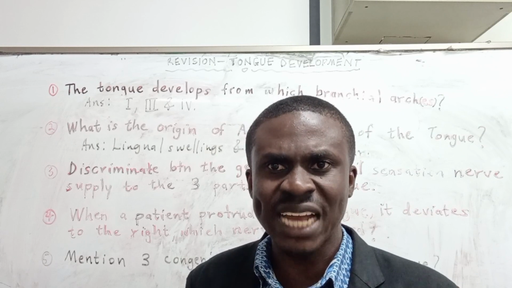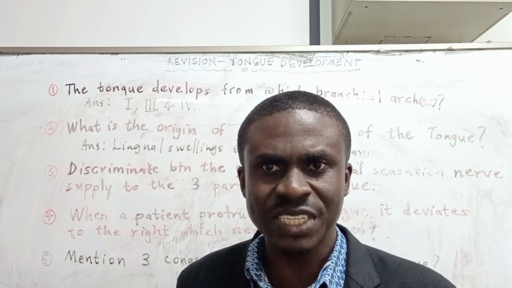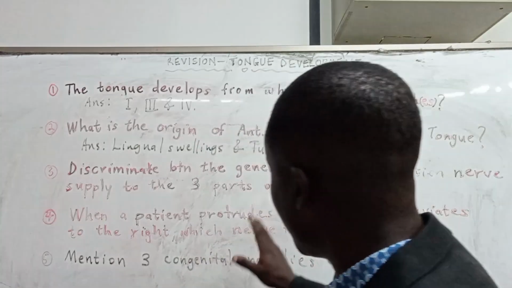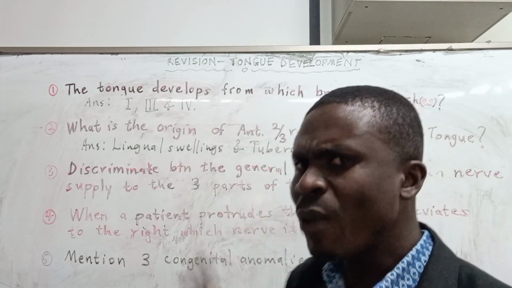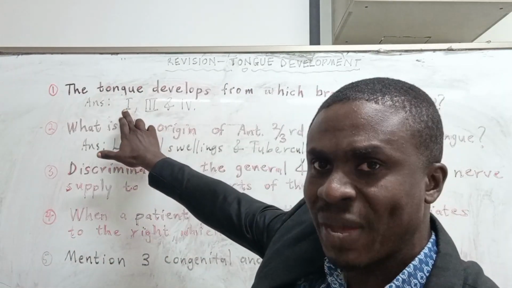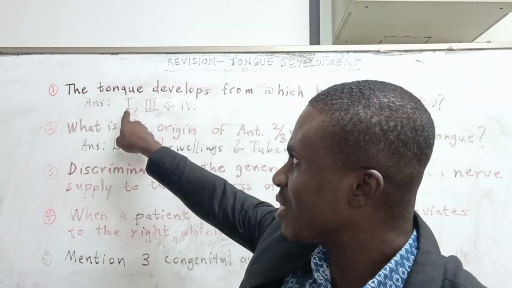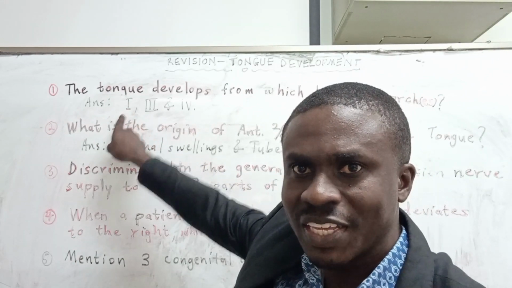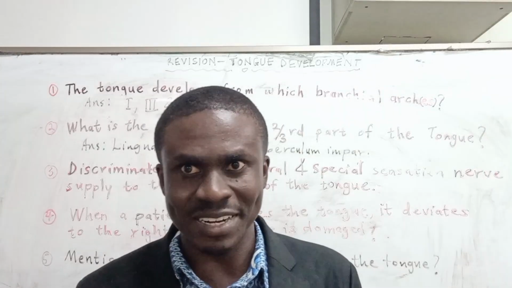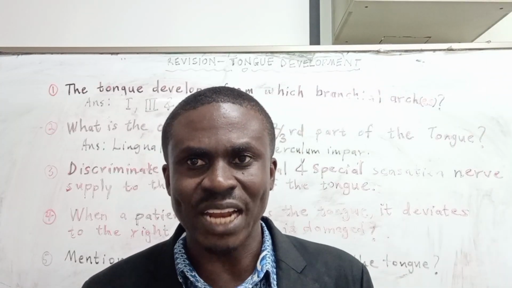Pain, temperature, touch, pressure, proprioception. These are the things we are talking about. Now let's see. By way of general sensation, we think about it, and this one will also help us, because of the first pharyngeal arch. Now remember, what is the nerve of the first pharyngeal arch? What's your answer?